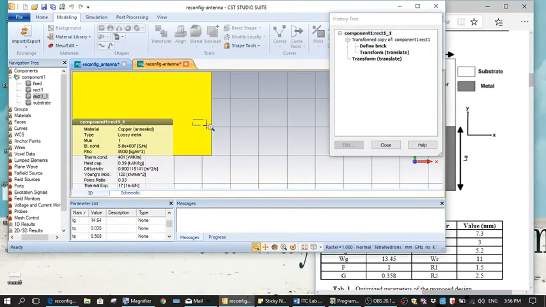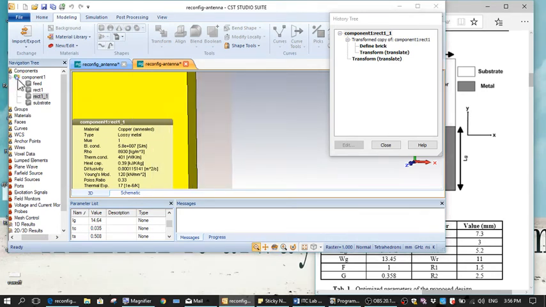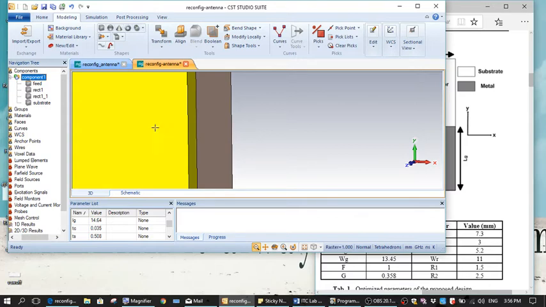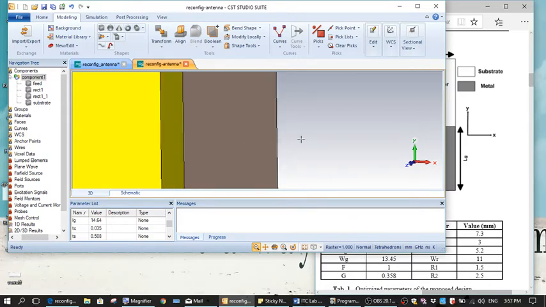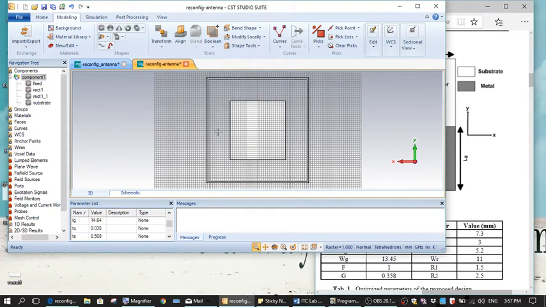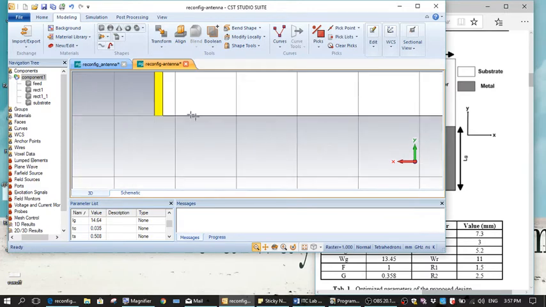What about it now? We need to rotate it, and then zoom it to see if it has actually worked. Well, from here we can't see anything. Let's see the back. So it's a little out.